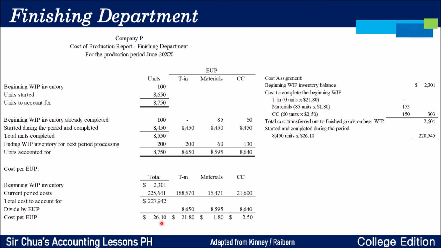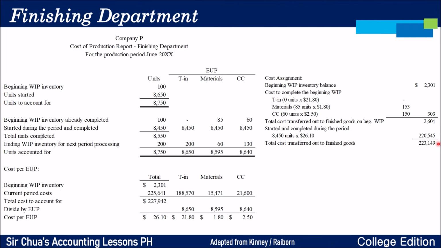Now, what you need to do is to add 220,545 dito sa 2,604. Kasi, yan po yung mismong cost ng lahat ng natapos dito sa finishing department na tinransfer na natin to finished goods, which is 223,149.